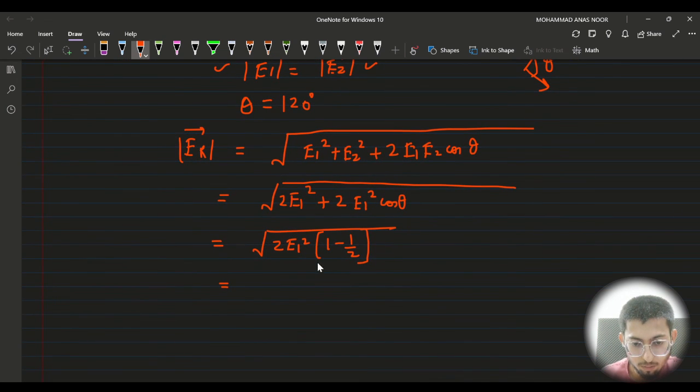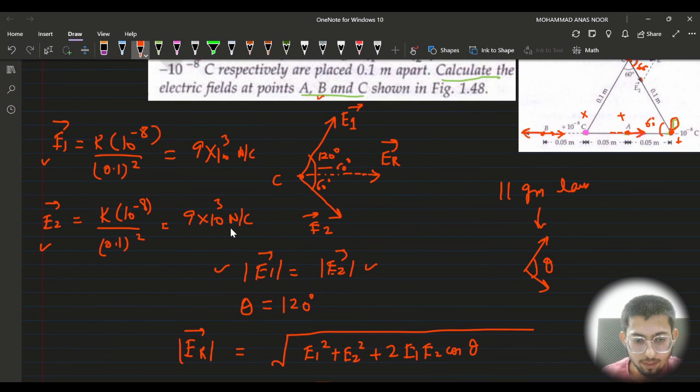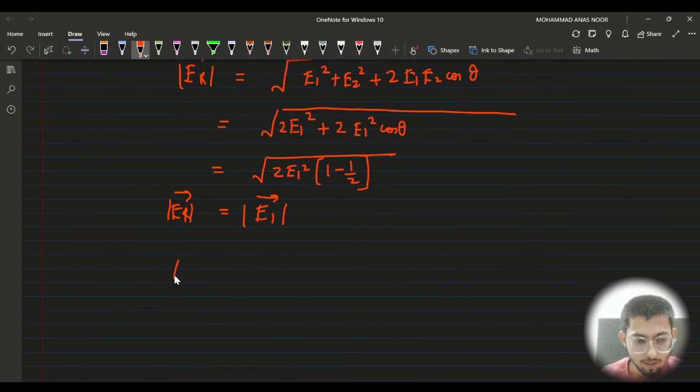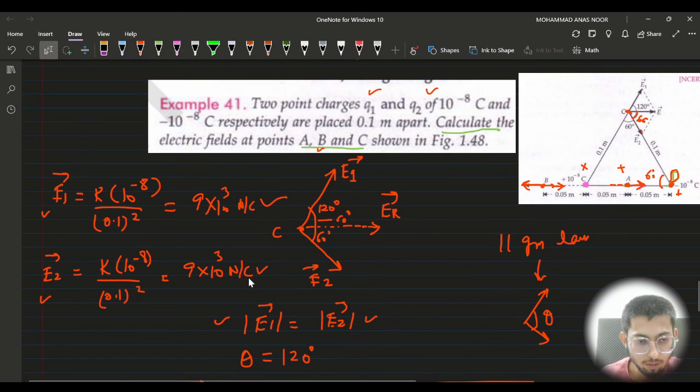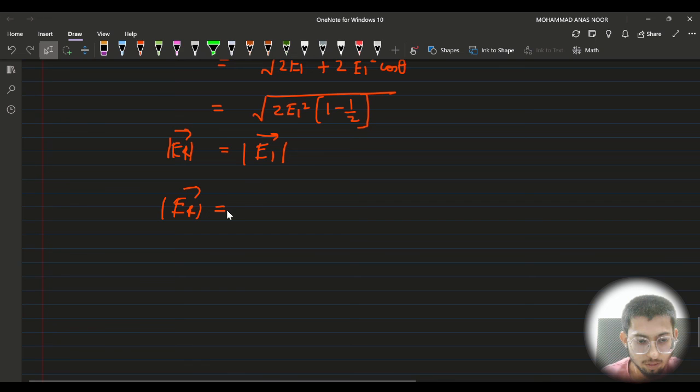Now this becomes half into 2, which cancels, and E1 square under the root is just E1, isn't it? So ER magnitude is equal to the magnitude of E1. That means the resultant would be the same as either of the two. So ER magnitude would be 9 into 10 to the power 3 Newton per Coulomb.